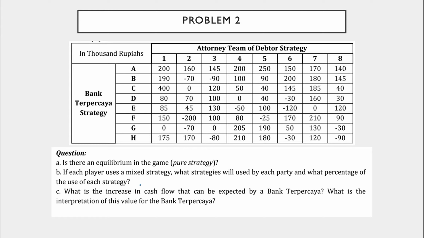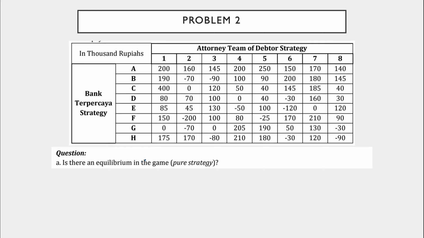Question B: if each player uses a mixed strategy, what strategy will be used by each party and at what percentage? As we know, we don't have an equilibrium, so we will have to use the dominant strategy. In dominant strategy, you try to eliminate a strategy that's always bigger or always lower than another strategy.